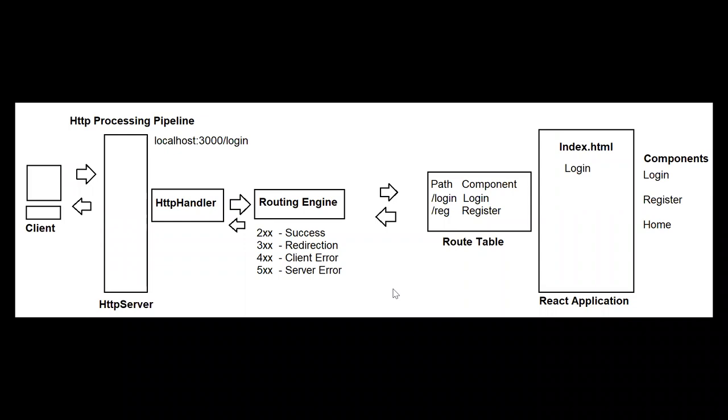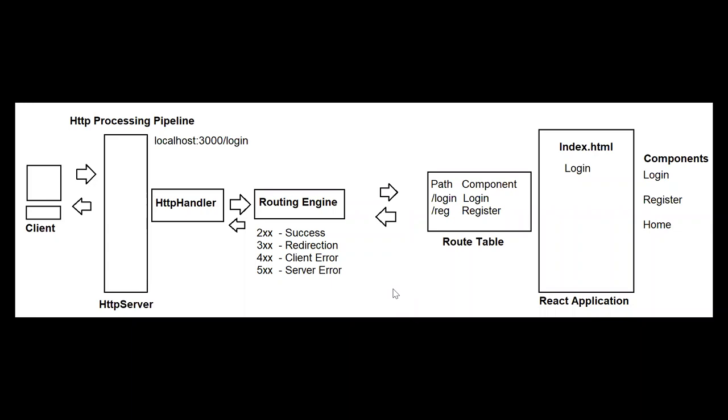It is processed by the processing pipeline by using an HTTP handler. That handler will make use of the routing engine. The routing engine will verify whether the requested path is available or not by comparing it with the route table. So to design routing, you need to create this route table now.